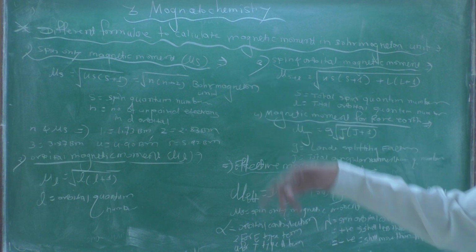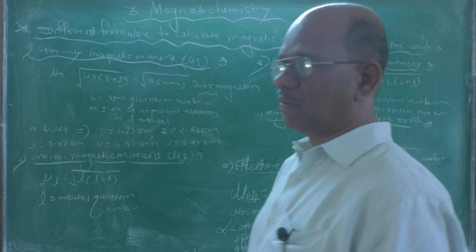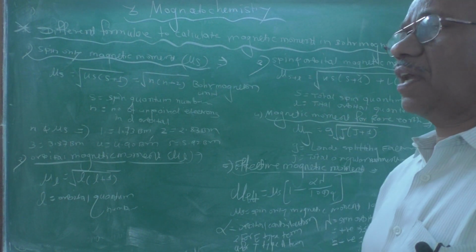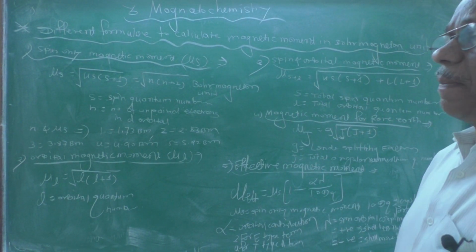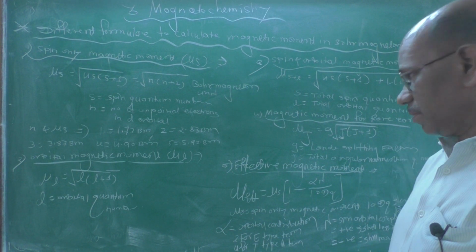By using the spin only magnetic moment equation, we can calculate the magnetic moment of d orbital. The same equation we cannot use to calculate the magnetic moment of f orbital, rare earth.